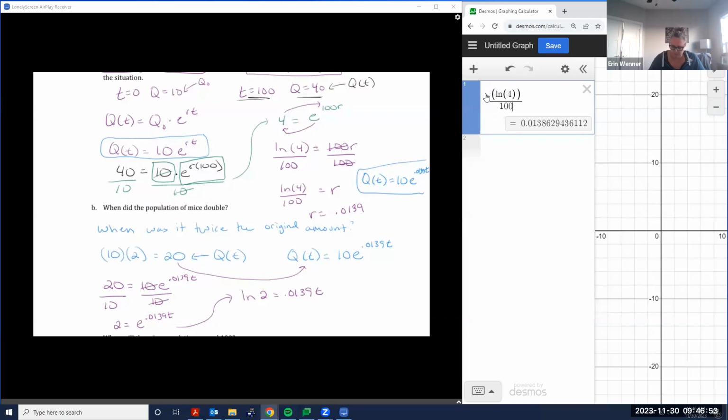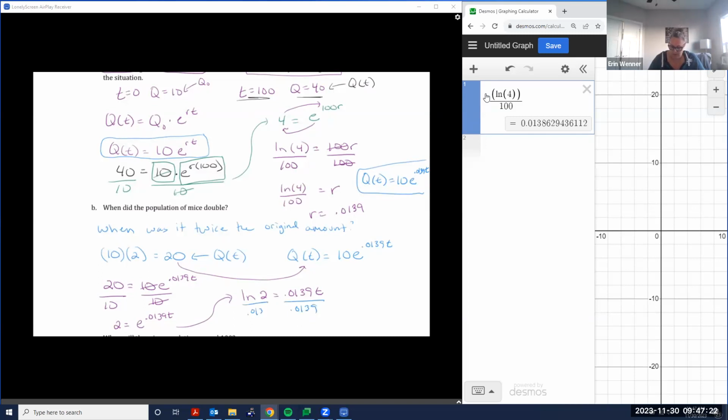So from here, just like I did above when we had that step where the natural log of 4 equaled 100r, and I said don't evaluate the natural log of 4 yet, wait. Again, in this one, we have the natural log of 2 is equal to something times our variable. So we need to isolate that variable by dividing both sides by 0.0139.